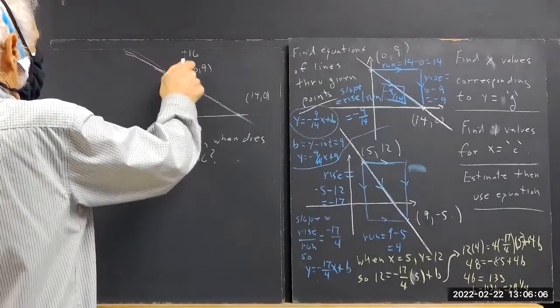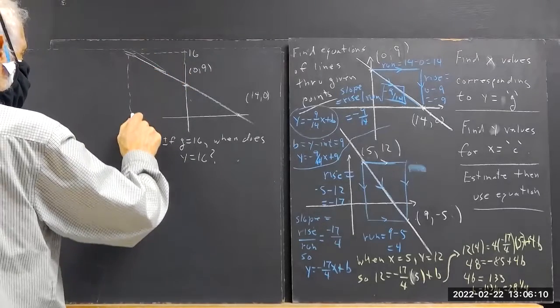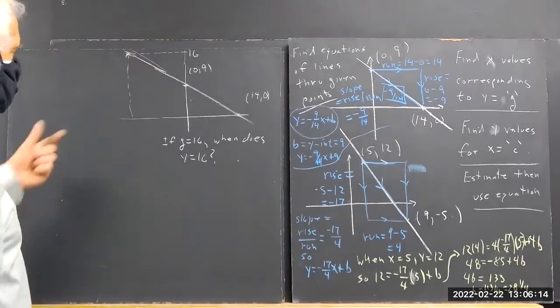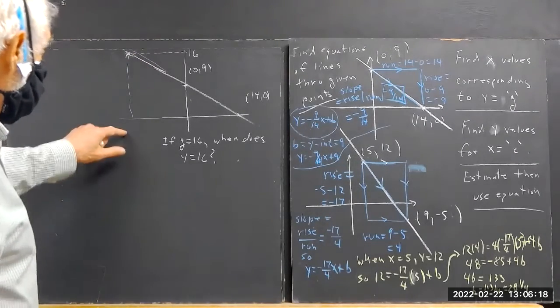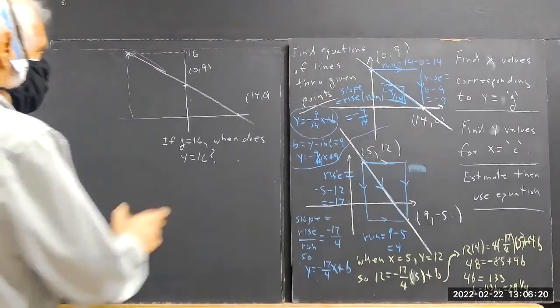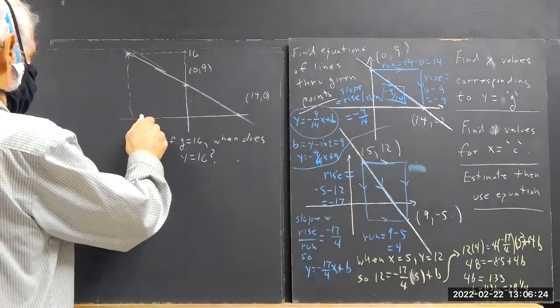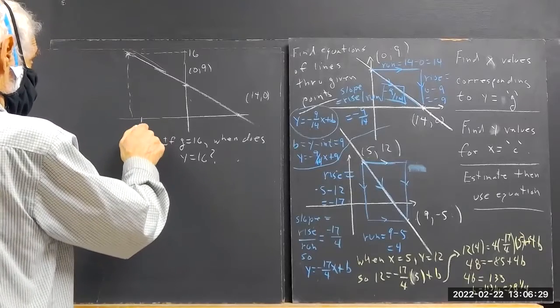Okay. So come over here. You come down here. Right here is the point where y equals 16, according to my picture. What's the x coordinate here? Well, 14 is this big, so a negative 14 would be about here. Not a point on my graph, but it's a good.